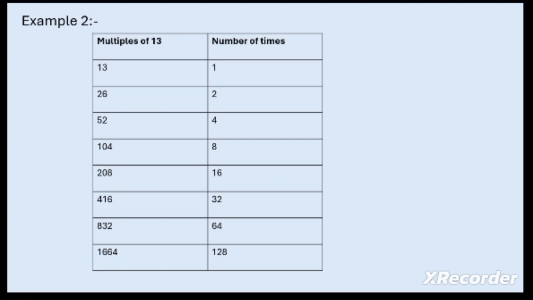So this is how, if you write down the multiples of 13 in this way, this method can help you a lot whenever you are dividing any particular number, let's say a 4-digit number, 5-digit number, or any number which has more than 5 digits. If you are dividing such a number by 13, then this method can help you a lot while solving these types of division questions.